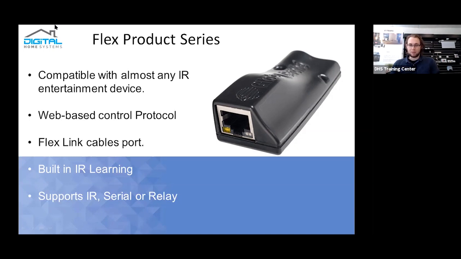There are 3 types of cables that you can connect up to these for the IR control. There are the standard Flex cables, the 3-headed Flex cables as well, and then the IR blasters, which have a much longer range than the previous 2 cables. And all the Flex devices have built-in IR learning, which means they come with a program.